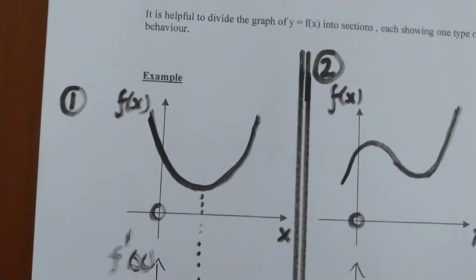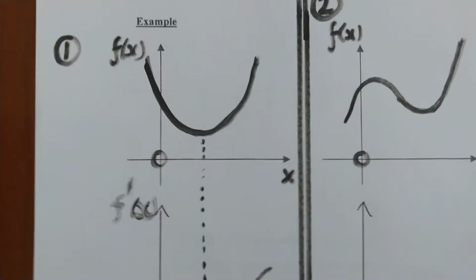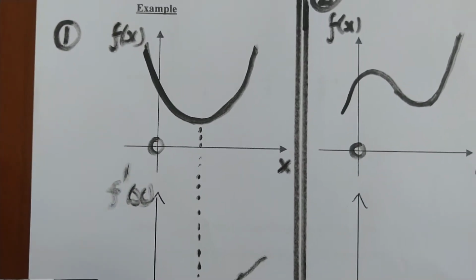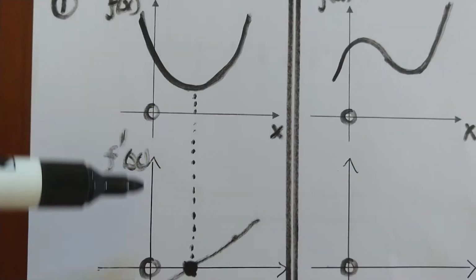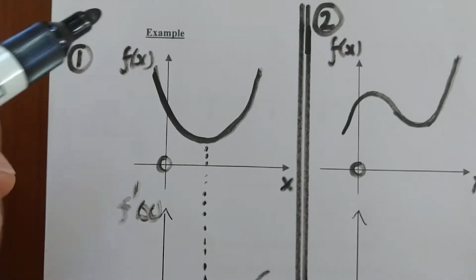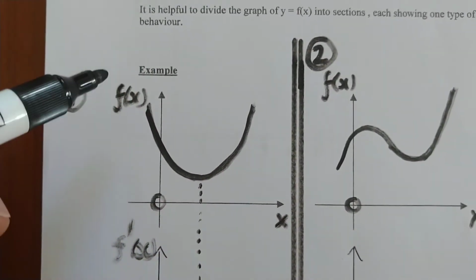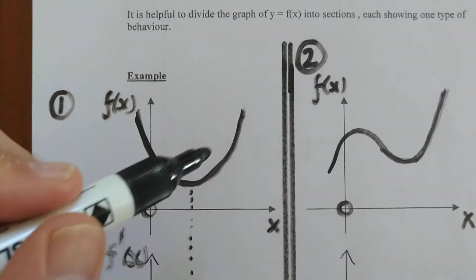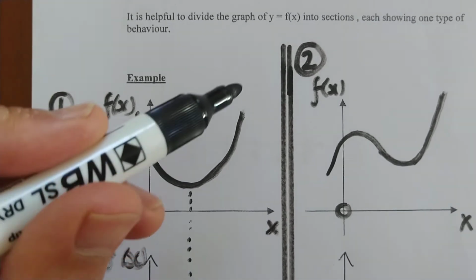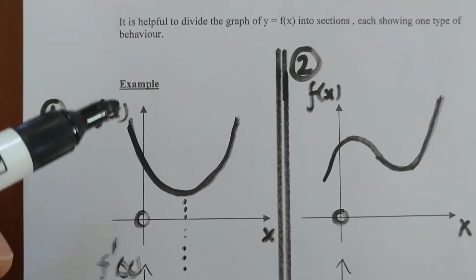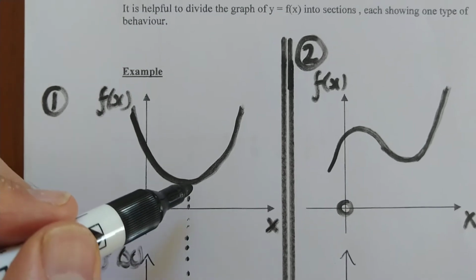Here's an example. Bottom of page 13 in your notes. I always do a derived graph directly in line with the original graph. So here's a graph which is a parabola. So my f of x would be something like 3x squared minus 2x plus 7 or something like that. And there's a stationary point here.